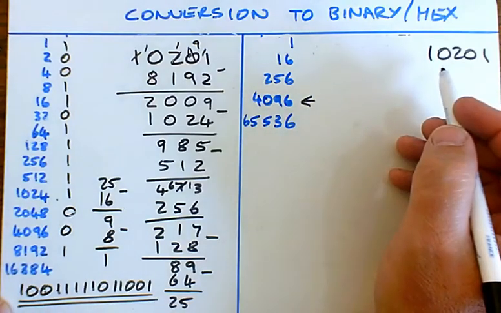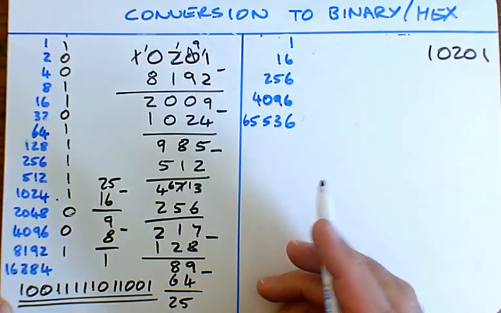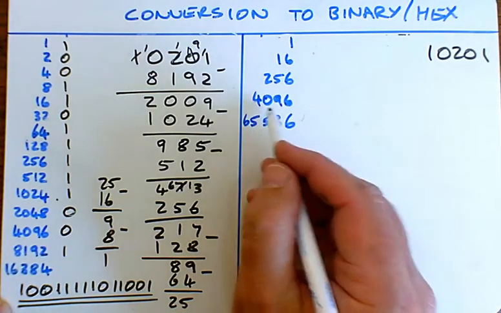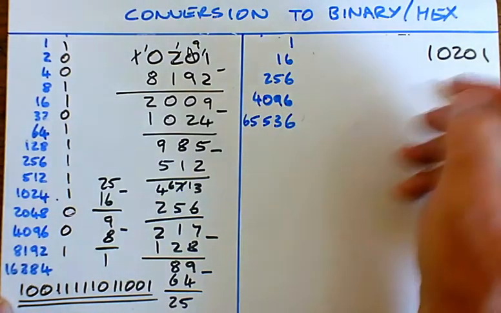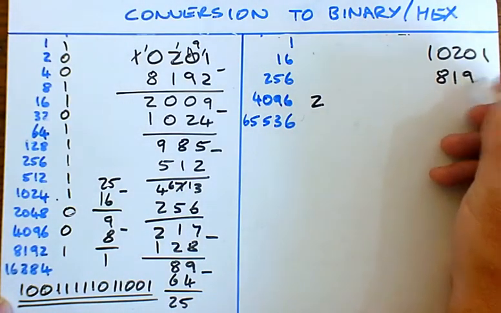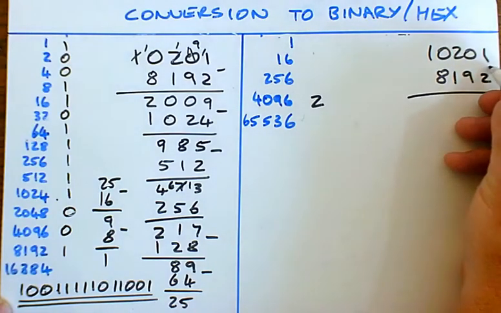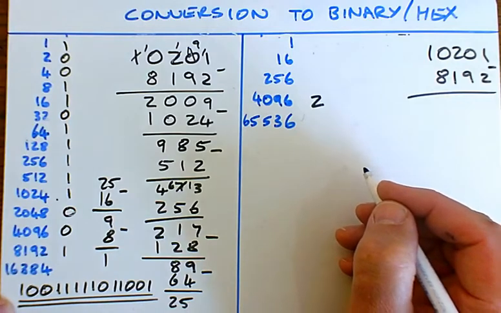But more than one of them can go into there. Okay, so in fact 2 of them, which is 8192. So we're going to use 2 of these, 8192, and we're going to take that away.